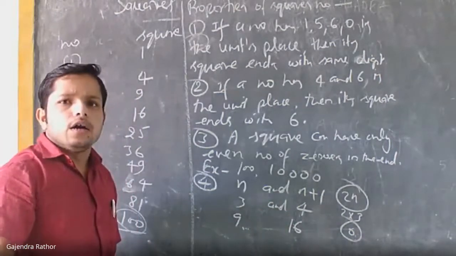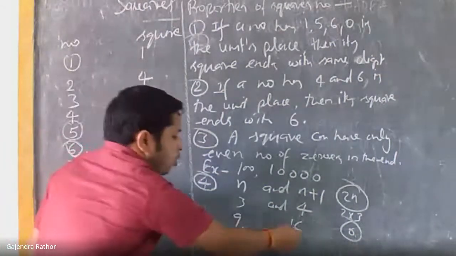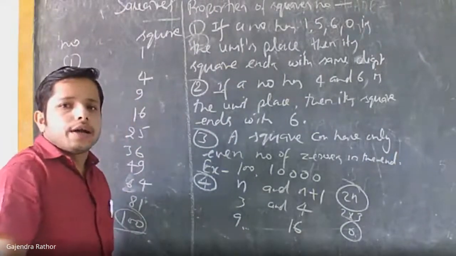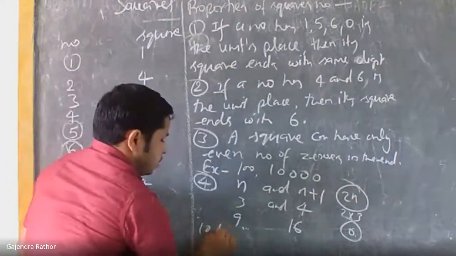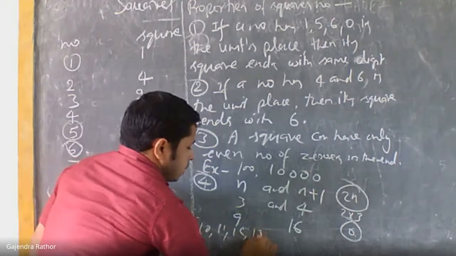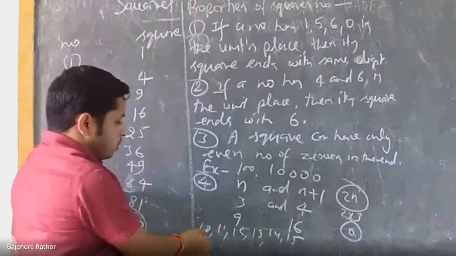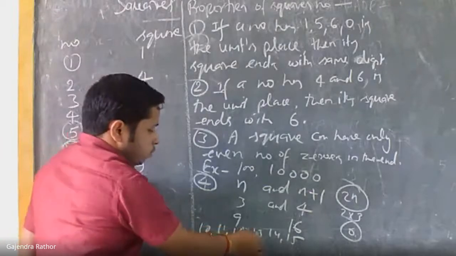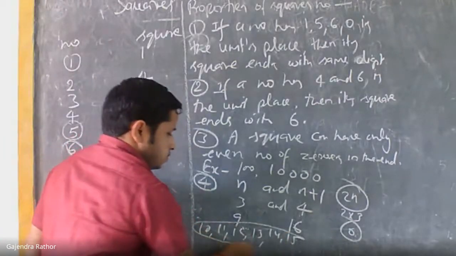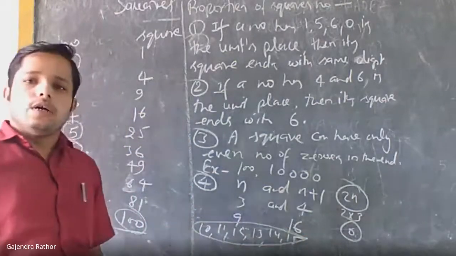Let's check whether it is correct or not. Write all the numbers between 9 and 16: 10, 11, 12, 13, 14, 15. Count the numbers: 1, 2, 3, 4, 5, 6. Okay, so it is correct.